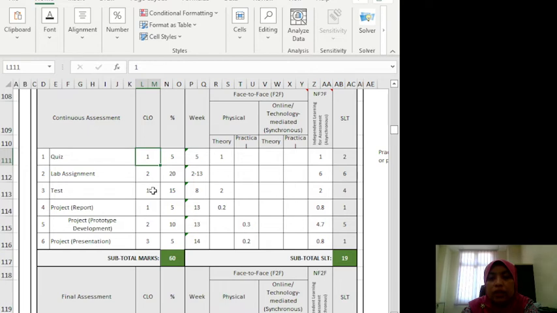Okay, like I said earlier, quiz, test and report is all about the written assessment. It will be evaluated for CLO1. Okay, and then this is your lab assignment and prototype development to assess your psychomotor skill, which is your programming skill.